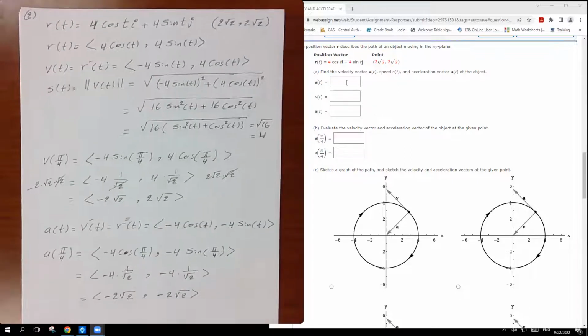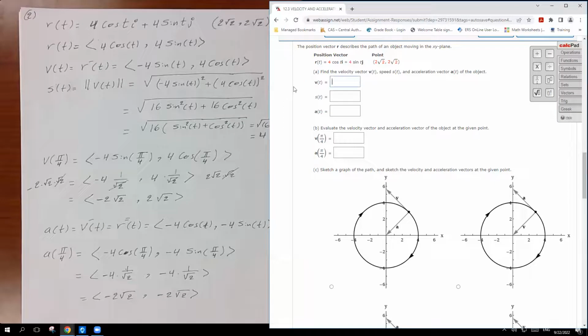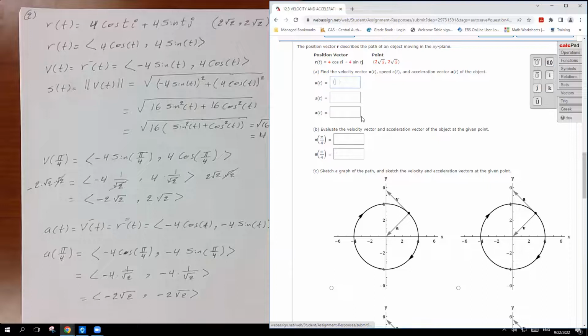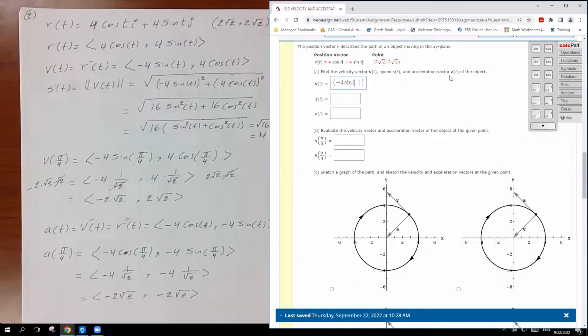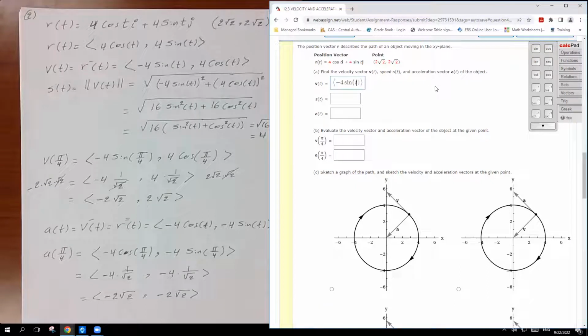Let's plug in these. So the velocity is going to be the vector (-4 sine t, 4 cosine t).